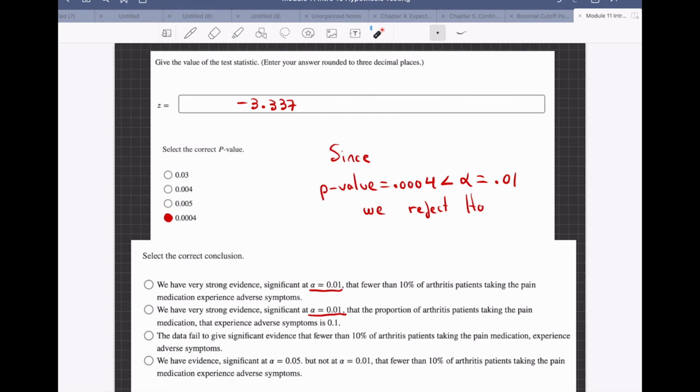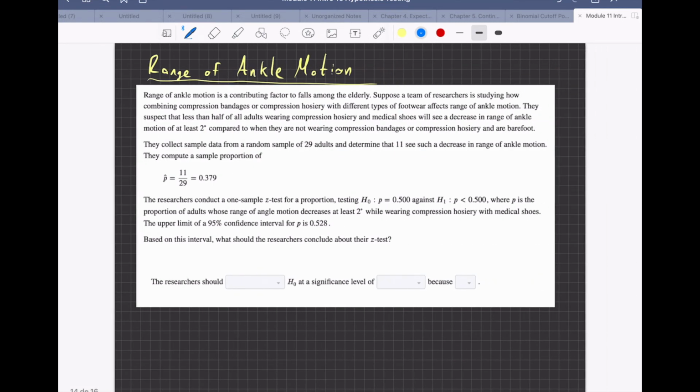So we have to choose the option. We have very strong evidence that fewer, this one here. The first one. Is that okay? All right. Let's continue.